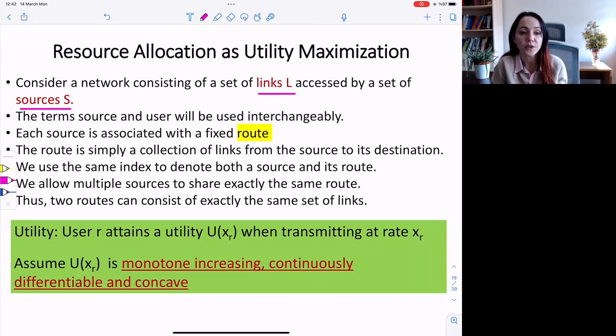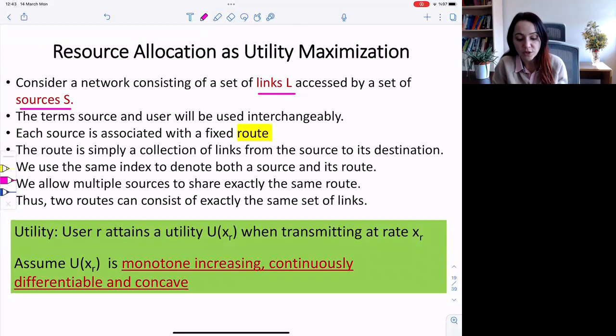Moreover, each source is associated with a fixed route. Without loss of generality, we do not consider routes that are shared by different sources. It would not be hard to extend this to a more general model, but for now, for simplicity, we will assume that each source is associated with a user and with a fixed route.